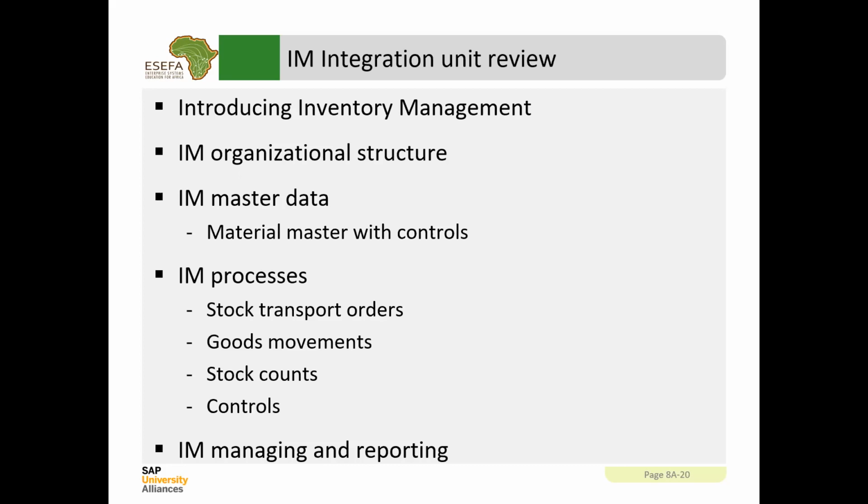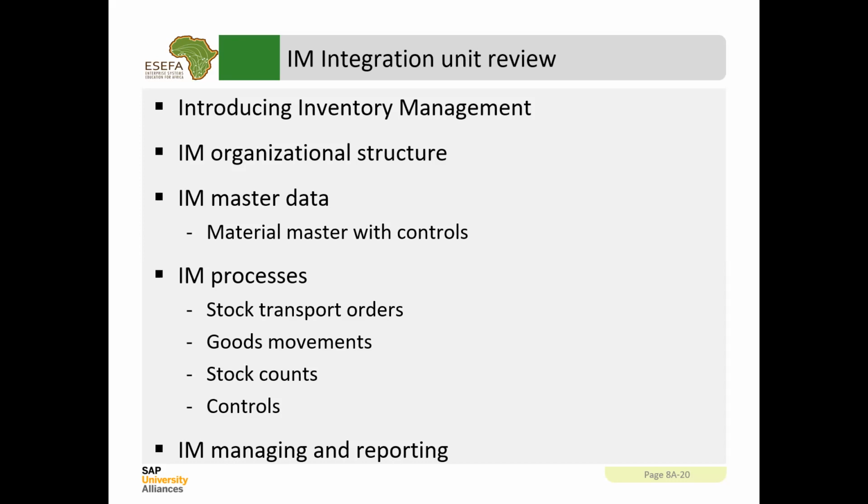So today's class, we have looked at the introduction to inventory management. We've seen how the inventory management processes are done. We saw different types of movement of stock, which can be between unrestricted use to blocked stock to quality inspection stock and all that.